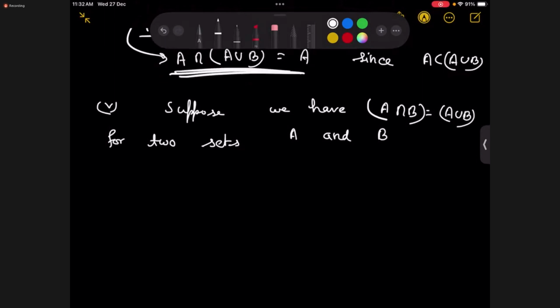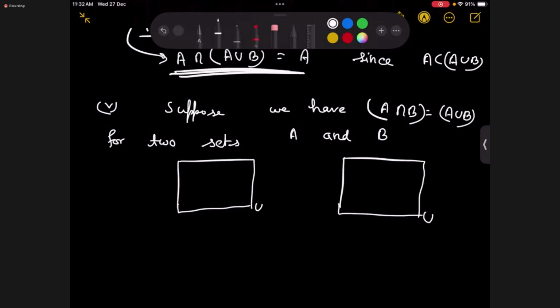By Venn diagram, if we draw this is our U, and in some case this is our A, in both cases this is our B. They are saying that the A union B, like this set, is equal to this set. So these two sets are equal.